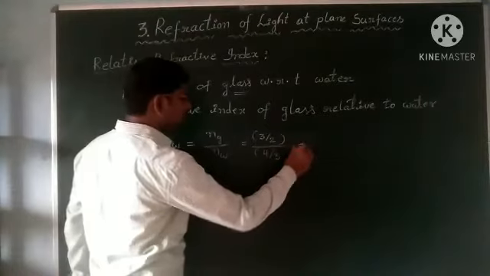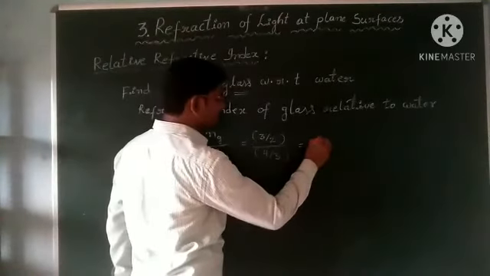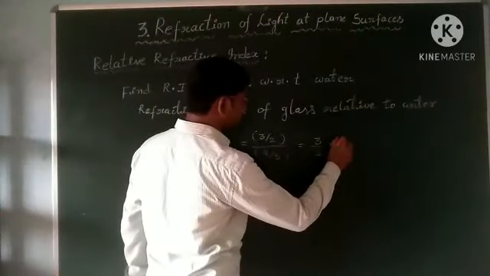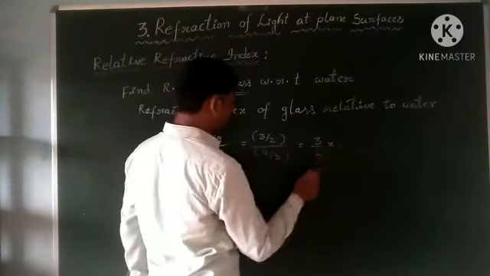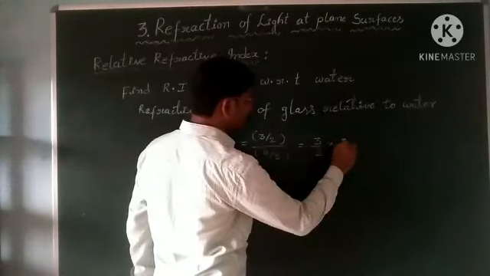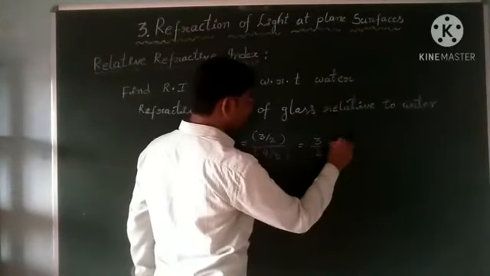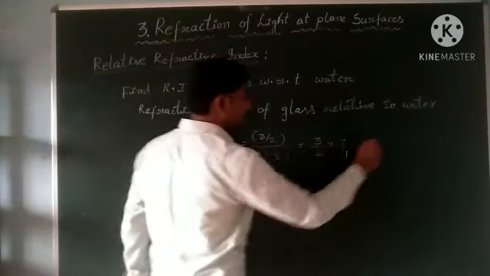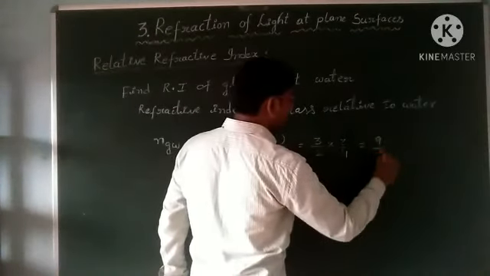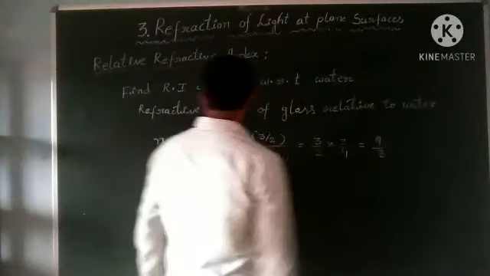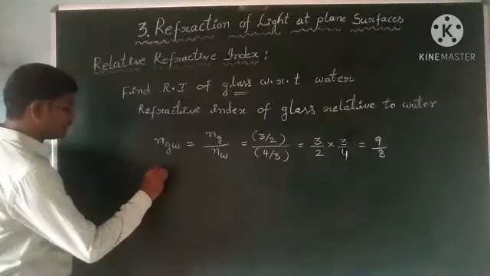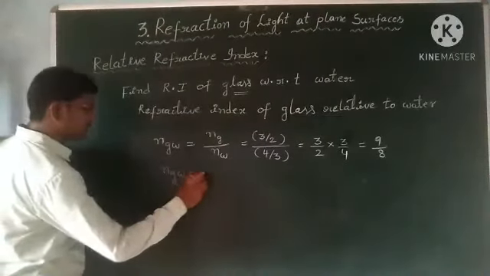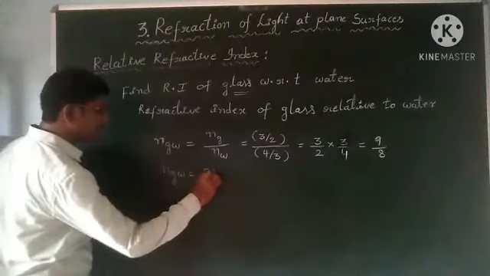So you will get 3 by 2, and the reciprocal of 4 by 3 will become 3 by 4, so that is 9 by 8. So the refractive index of glass with respect to water we are getting is 9 by 8.